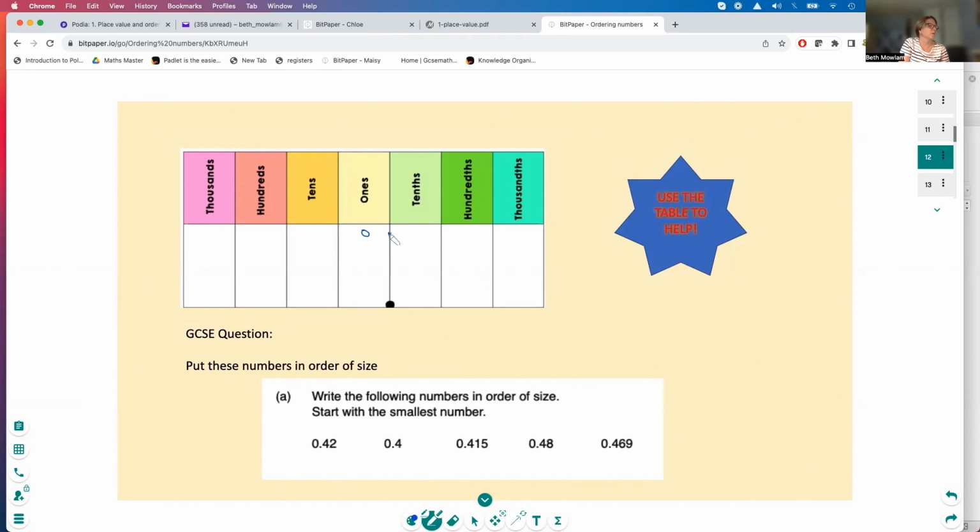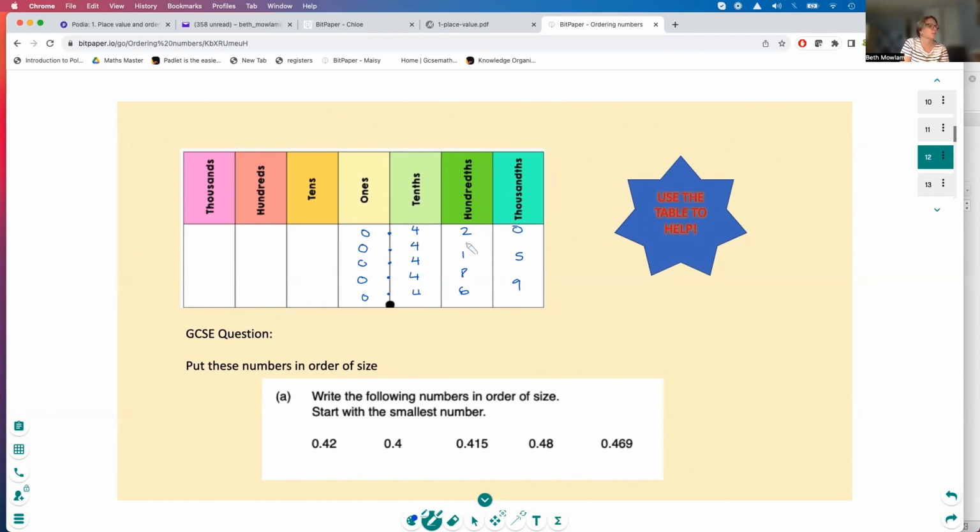So we've got 0.42, 0.4, 0.415, 0.48, 0.46, oops, sorry, that's a 0.469. And then, like we did previously, we're going to fill in any gaps with zeros.